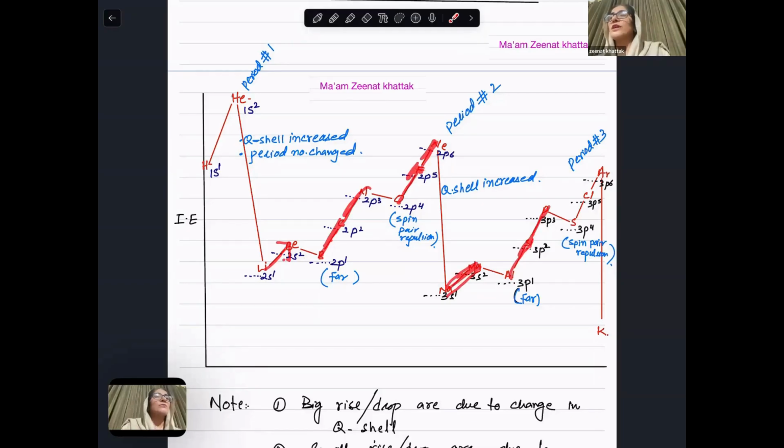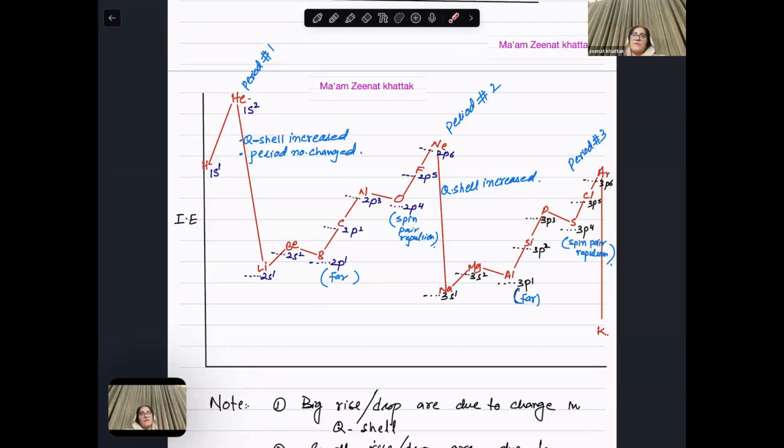More attraction, smaller size. But why is there this decrease? Because this electron is far. 2p1 is far from the nucleus, 3p1 is far from the nucleus. One orbital has a paired electron that repels, as compared to the 3p3, which is singly filled.